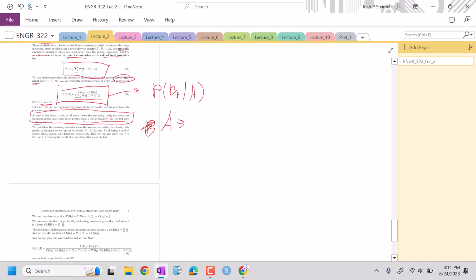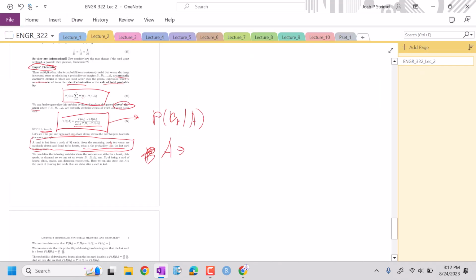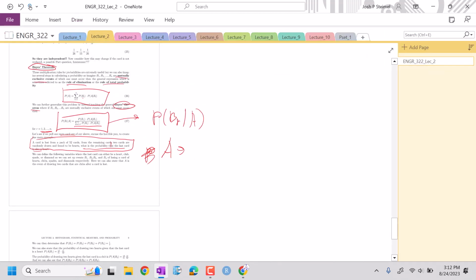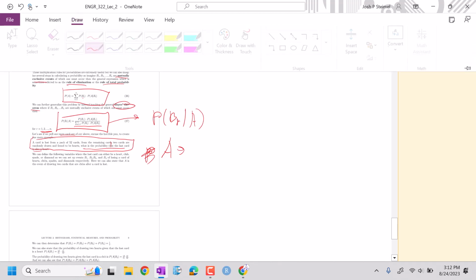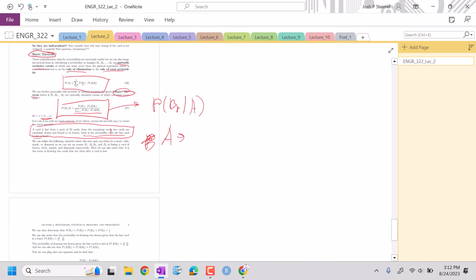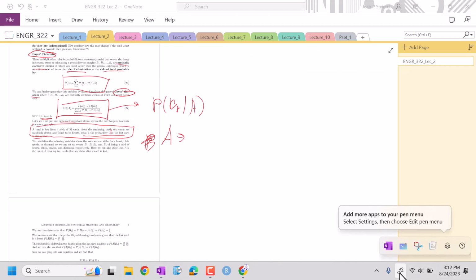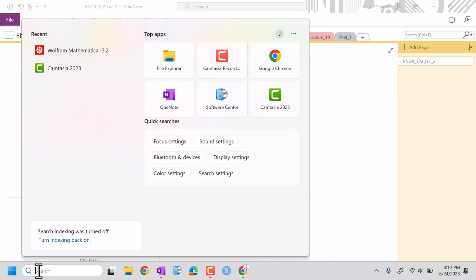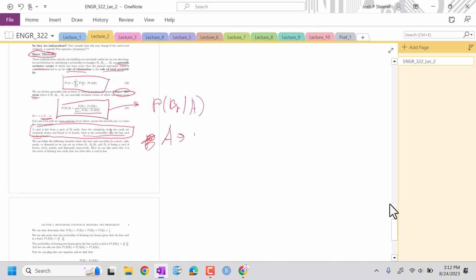My apologies here. I think we may be out of battery. Let's check what our pin looks like. My apologies for this. Let's see if we can simultaneously charge this and write.